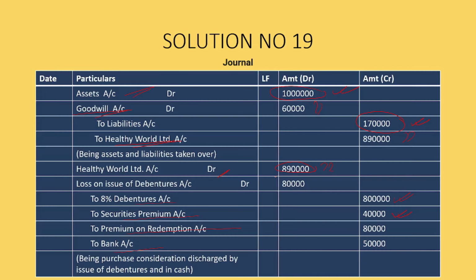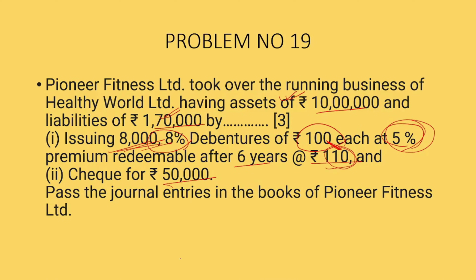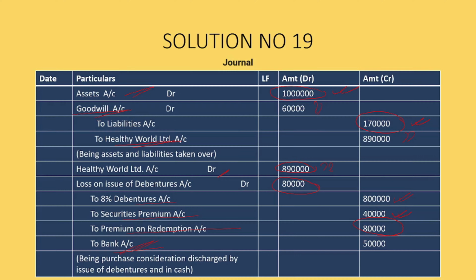In case of redemption we will have to pay 8,000 into 10, that is 80,000, and that figure only we will write over here in loss on issue of debenture. And in bank we have to write 50,000 as given in the question. That cheque of rupees 50,000 will be given by the company.